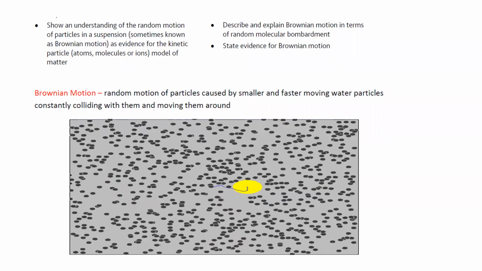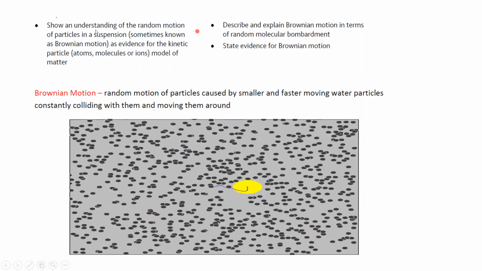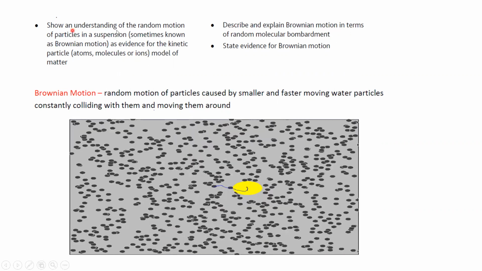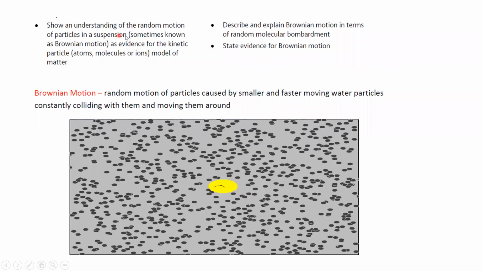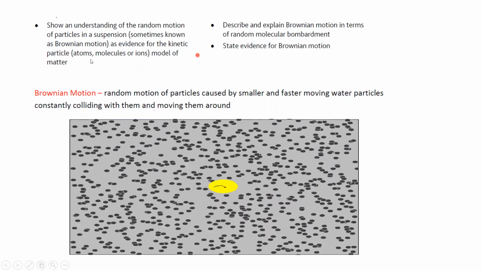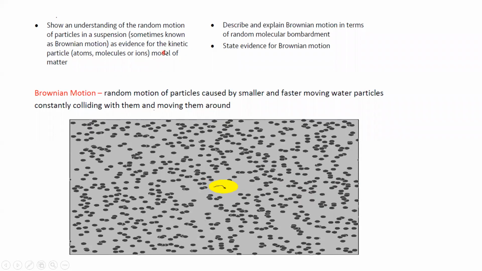But how can we observe this Brownian motion, the experimental setup? Because this is a syllabus objective: show an understanding of the random motion of a particle in suspension as a Brownian motion, evidence of particle, atom, molecule and ion model for matter.